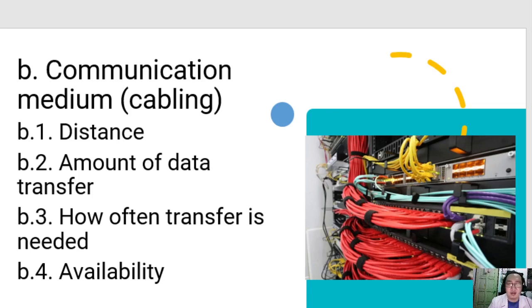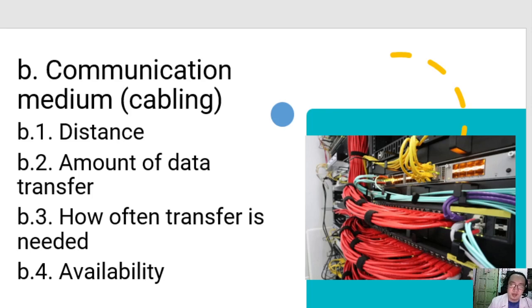Distance: relatively short distances between or among the network are required for wireless connections or communications. For longer distances, there is fiber optics, which is common now, and satellite transmissions are also important.